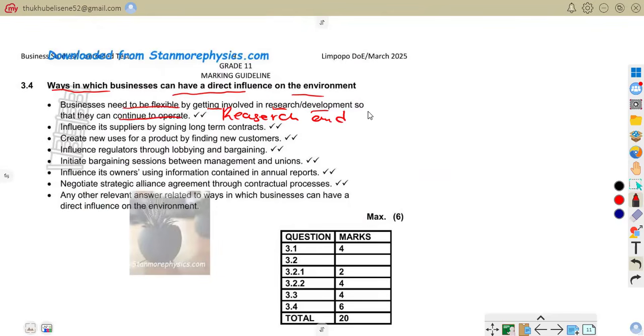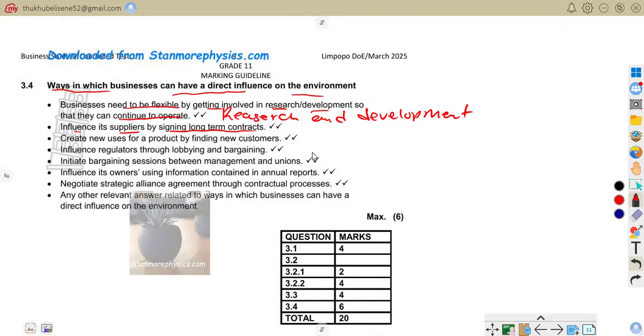We're talking about research and development: businesses innovate to remain competitive.